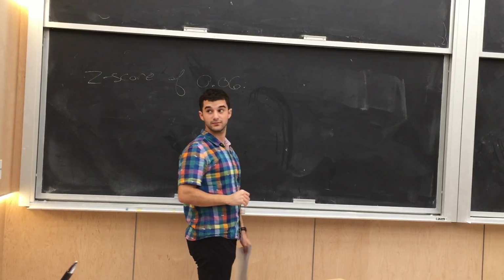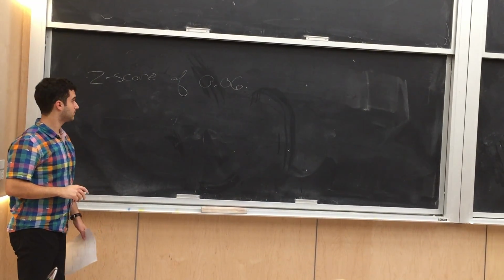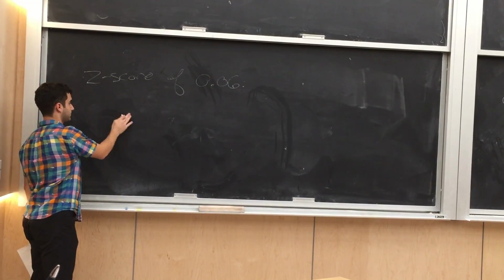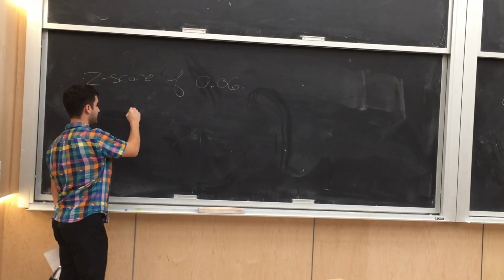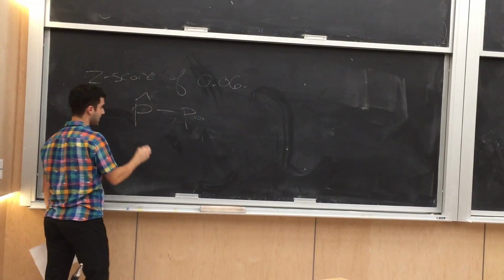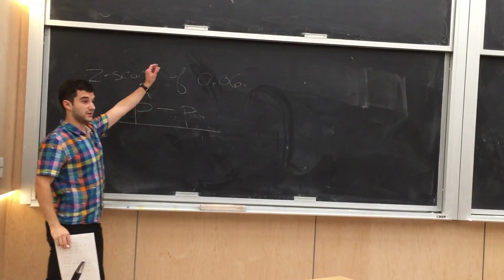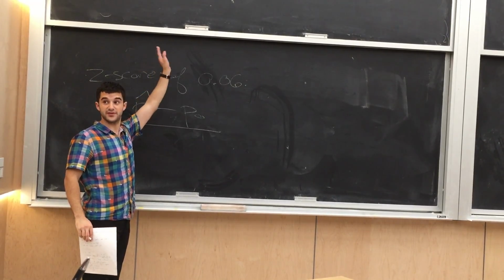The significance test for proportion, which is p hat minus p naught, etc. So yeah, the z-score is always p hat minus p naught divided by the standard deviation of this sampling distribution.